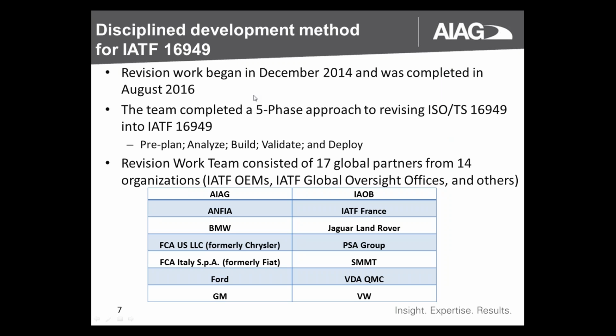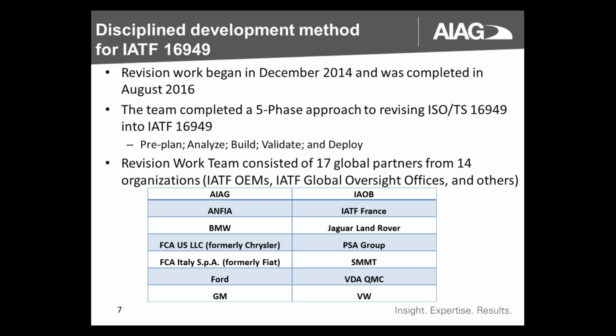So let's talk about the disciplined method that led to the creation of IATF 16949. Revision work first began well over 2.5 years ago and was completed in August 2016. And the team employed a disciplined 5-phase approach to revising ISO TS 16949 into IATF 16949.